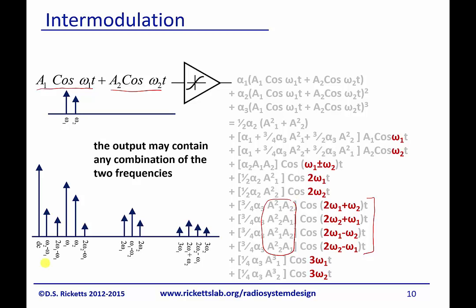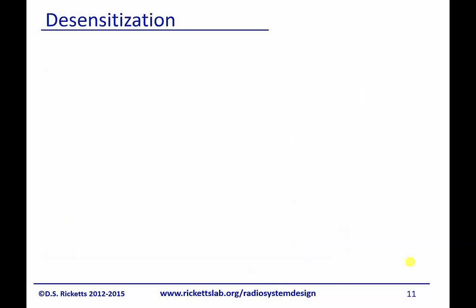And here's a typical spectrum of each one of these. And indeed, if you were to put this into a nonlinear amplifier and measure it on the spectrum analyzer, you would see exactly this.